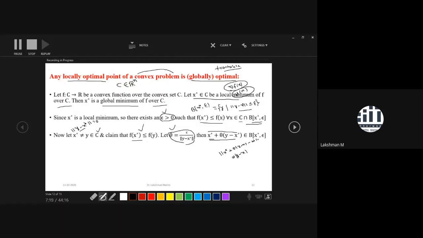That means you are finding the distance of the new point x star plus theta times y minus x star with respect to x star. This distance would be equal to the norm of theta times y minus x star, and theta is a positive real number, so it will come out, and inside you will have the norm of y minus x star.